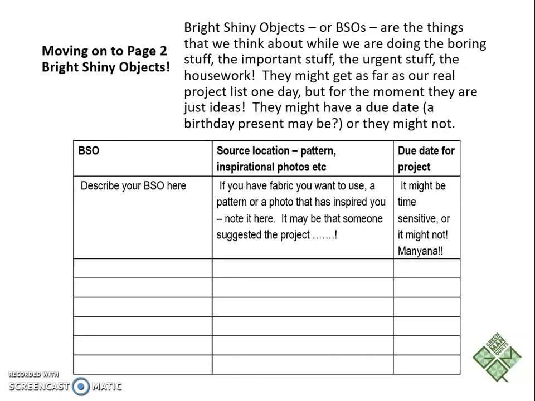So you might put a description of your BSO in the first column. You might put any inspiration. So, for example, if it's based on a photograph, you need to remember where you keep the photograph so that you can plan it. It might be time sensitive. It might be for someone's birthday or Christmas, or it might not.